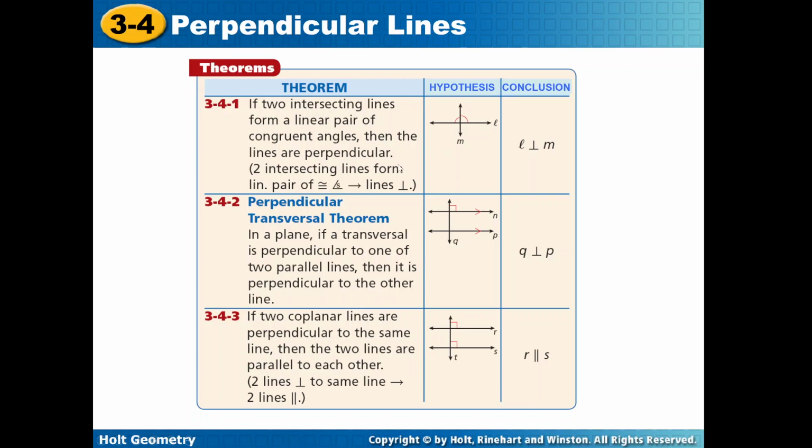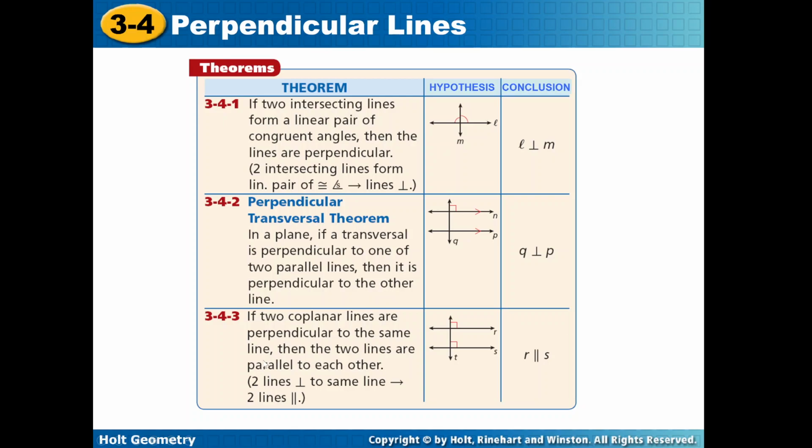Theorem 3-4-2, the perpendicular transversal theorem: in a plane, if a transversal is perpendicular to one of two parallel lines, then it's perpendicular to the other line. This is one of the methods we talked about earlier for proving parallel lines. Again, hypothesis and conclusion, if and then.